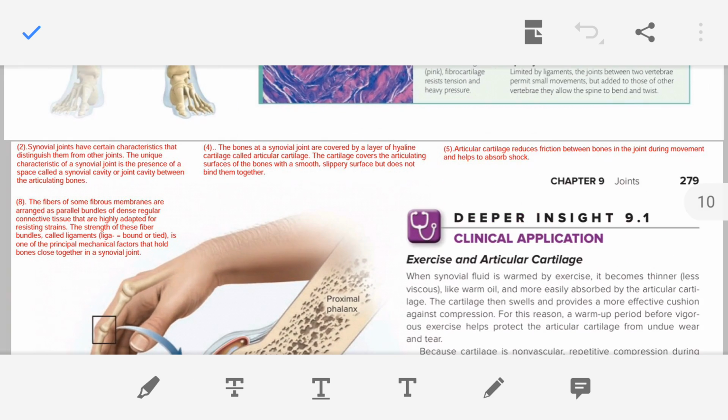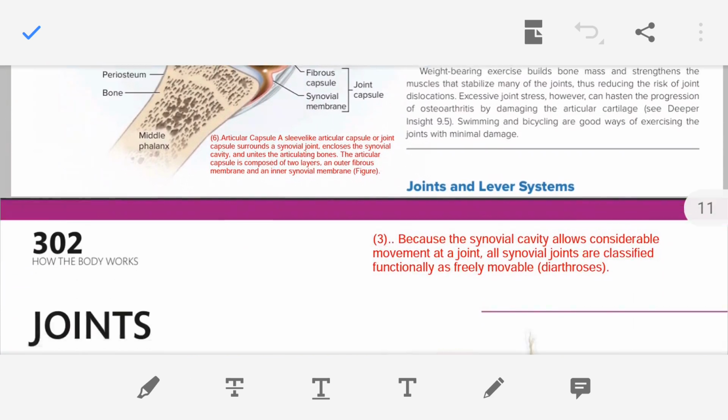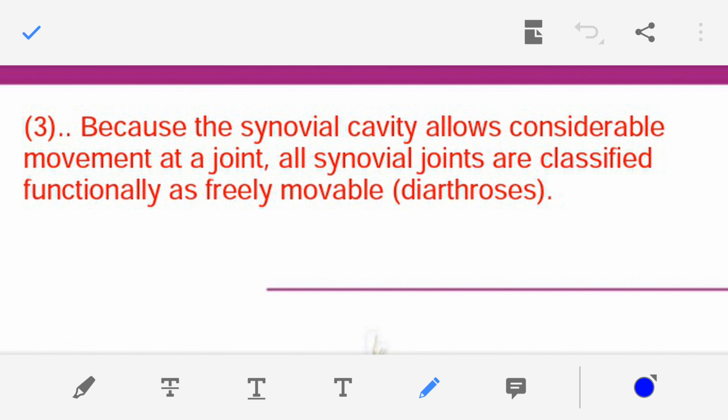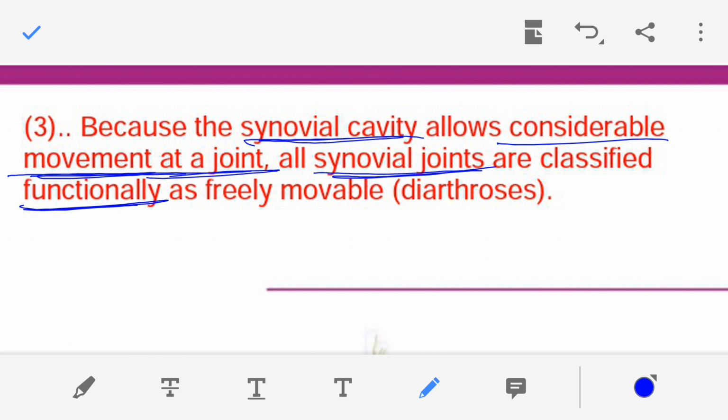Now moving on to the third point of our discussion. Now, the synovial cavity allows us to do considerable movement at the joint, and since we can move the bones at these joints, that's why these synovial joints are functionally classified as freely movable joints, or functionally they are known as diarthrosis.